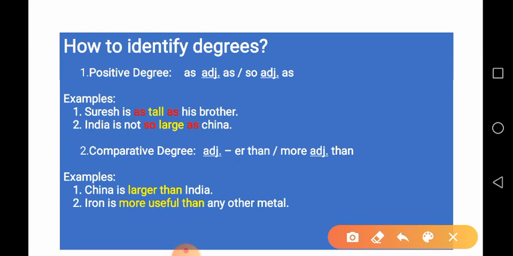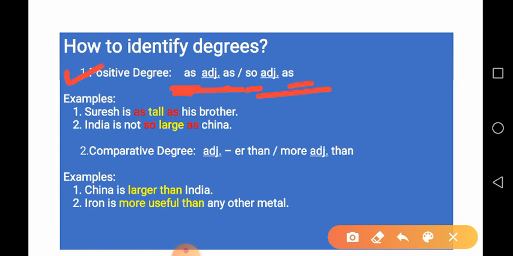When it is positive degree, see, adjective is written in between as like here, or so as. When you see in the sentence adjective is written in between as or so as, this is called a positive degree. See, some examples are written here. Suresh is as tall as his brother.